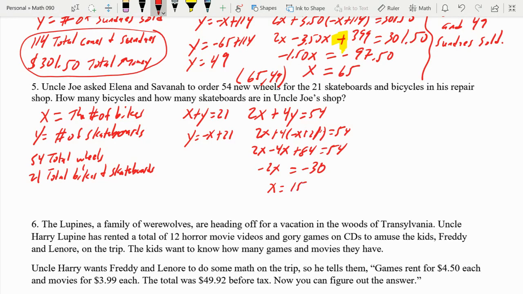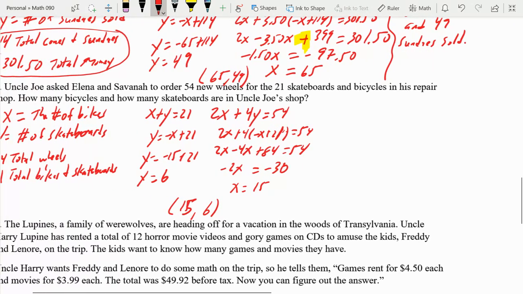All right, so X was the number of bikes, so there's 15 bikes. So if there's 15 bikes, there's going to be 6 skateboards, all right? So 15 and 6 are my totals here.